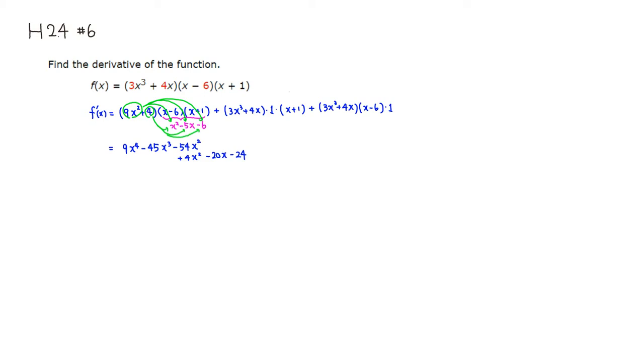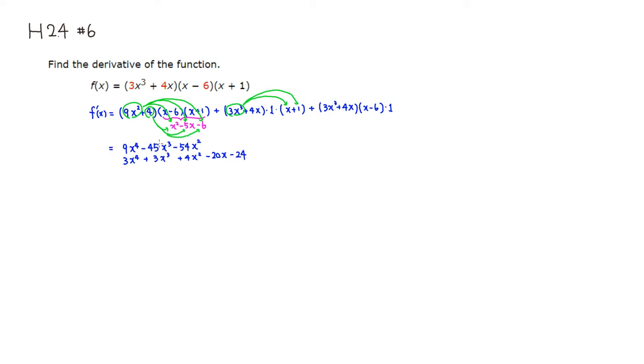All right, the next term, I'm going to distribute the 3x cubed to x and 1. So it's going to be 3x to the fourth power, and I'm going to put it here. And then plus 3x cubed.